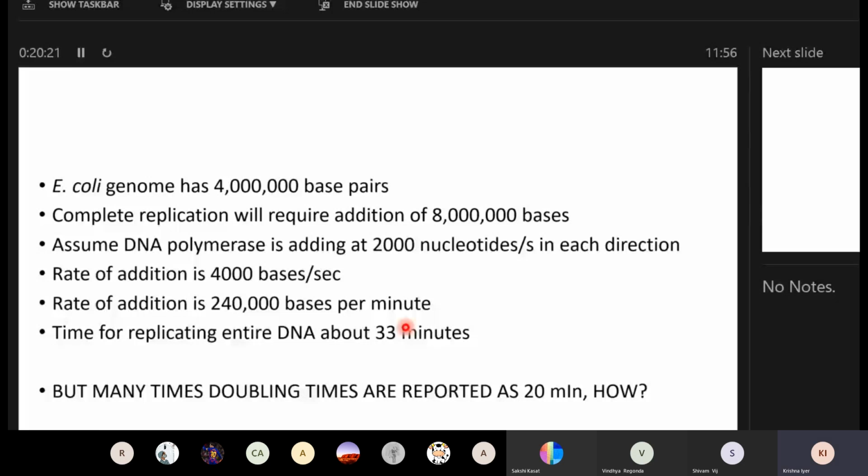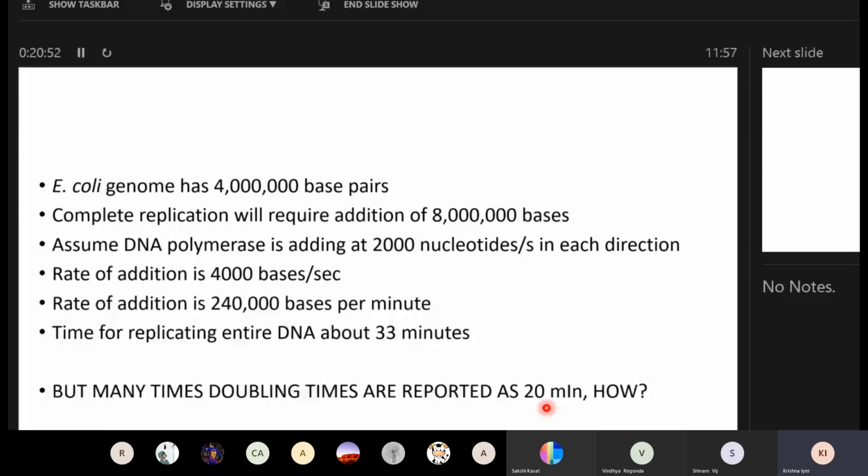If at top speed it takes 33 minutes for the entire DNA to replicate, and E. coli doubling time is 20 minutes, I also have to give E. coli time to live before it tries to replicate. So presuming E. coli spends some time making nucleotides and all the enzymes which are needed, and after everything is there, it is going to take 33 minutes. How can E. coli have a doubling time of 20 minutes?